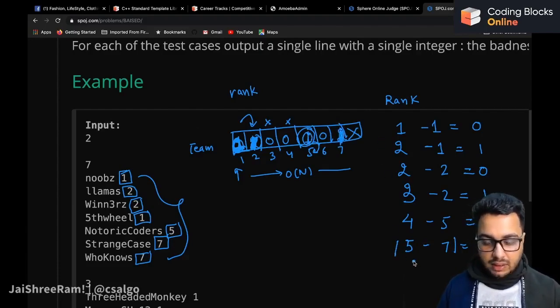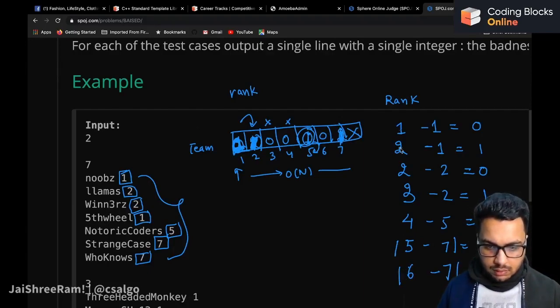Okay, and now the available rank is 6. We pick a team and, small mistake here. This should have been 3, this should have been 4, this should have been 5, this should have been 6, and this should have been 7.